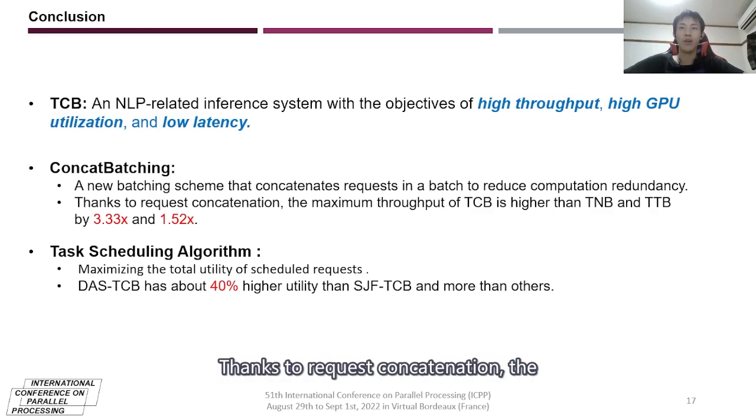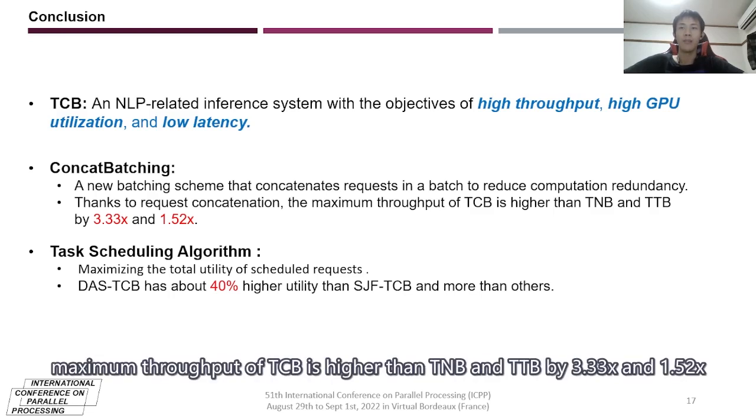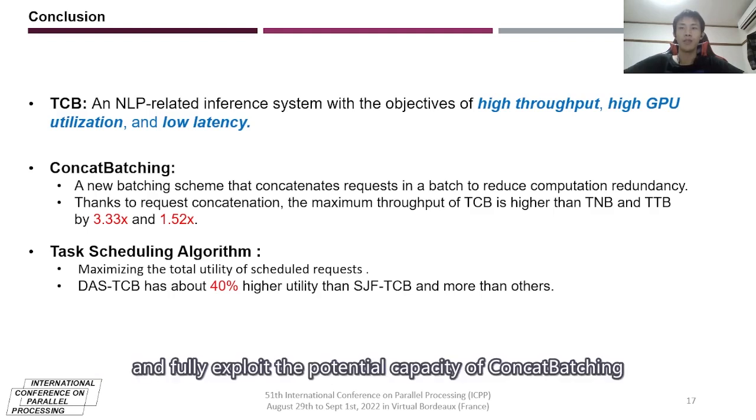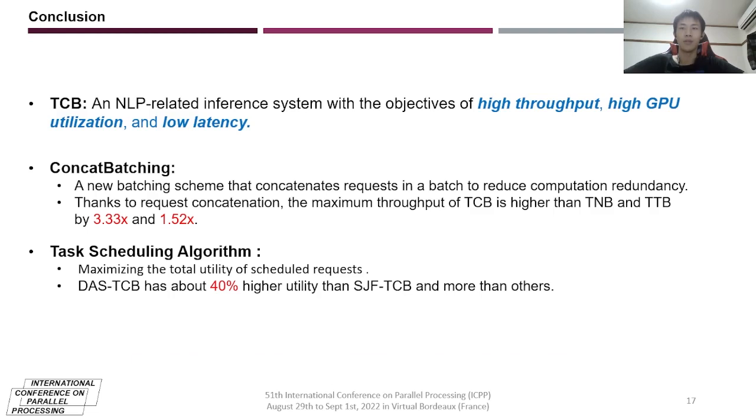Thanks to request concatenation, the maximum throughput of TCB is higher than TNB and TTB by 3.33 and 1.52. We also designed a new scheduling algorithm to maximize the total utility of scheduled requests and fully exploit the potential capacity of concat batching.